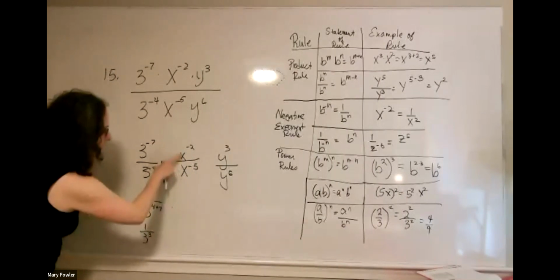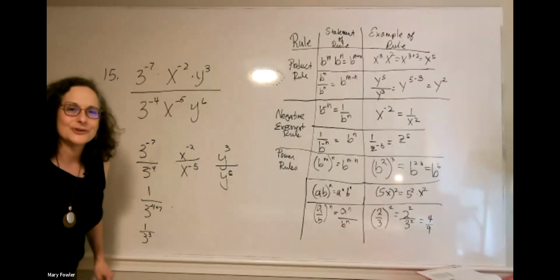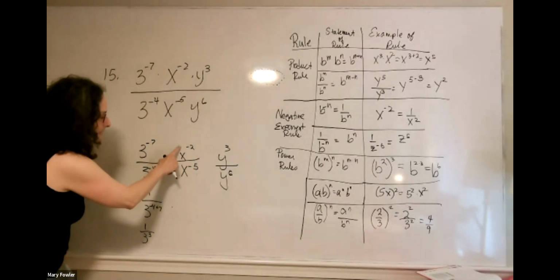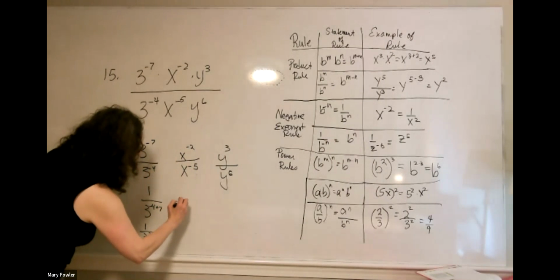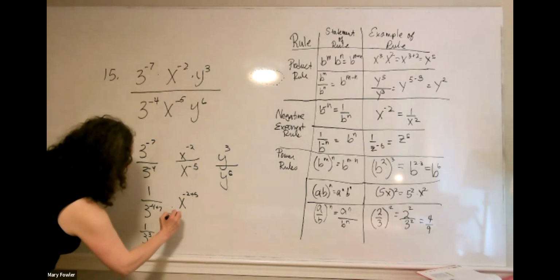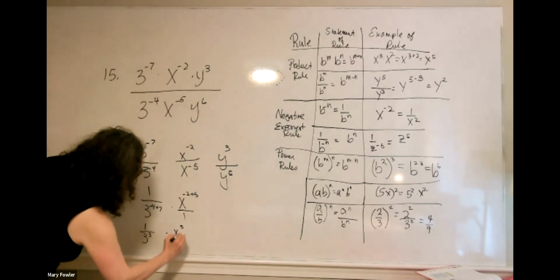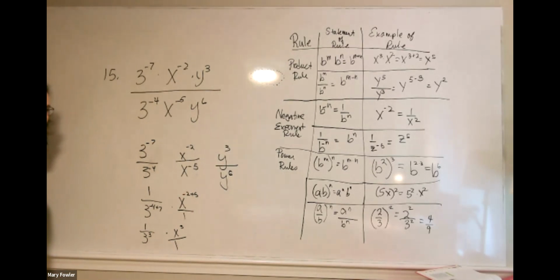All right, in the X piece, let's let the minus 5 come up. It'll turn into a 5, and we'll have a positive exponent. So this will be X to the minus 2 plus 5. And so that little bucket is X to the 3rd power over 1.